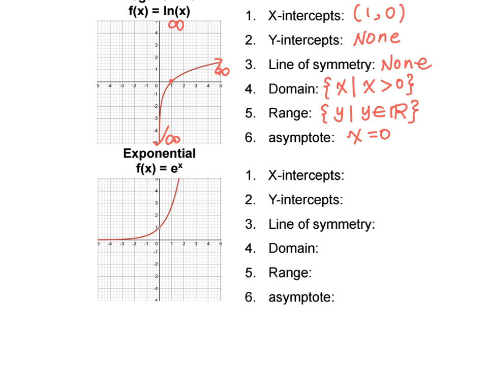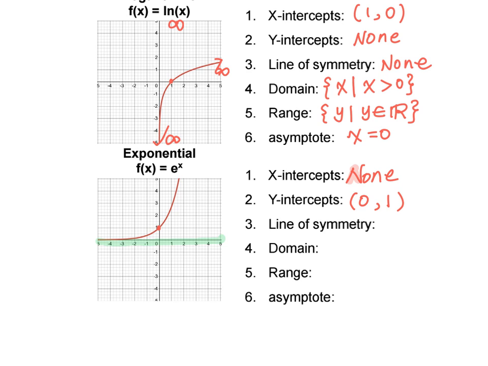For the x-intercept, this graph never passes through the x-axis, so the x-intercept is unknown. And the y-intercept is right here, where x is 0, y is 1.